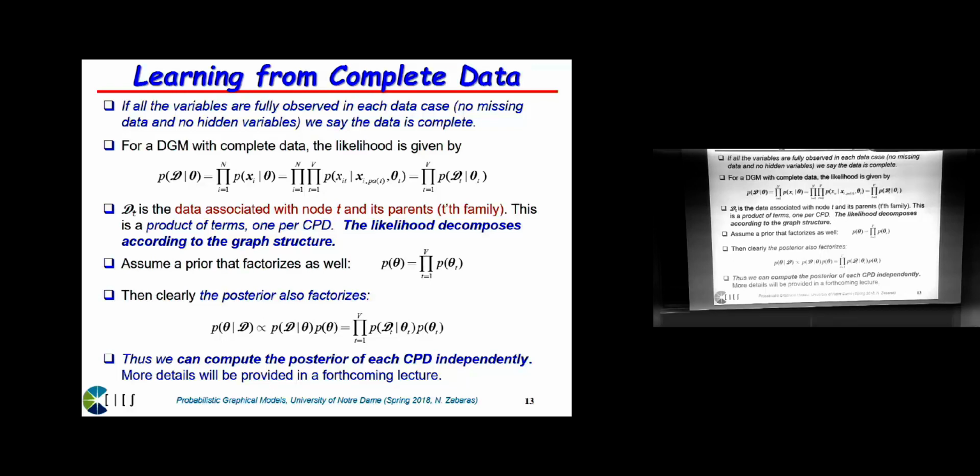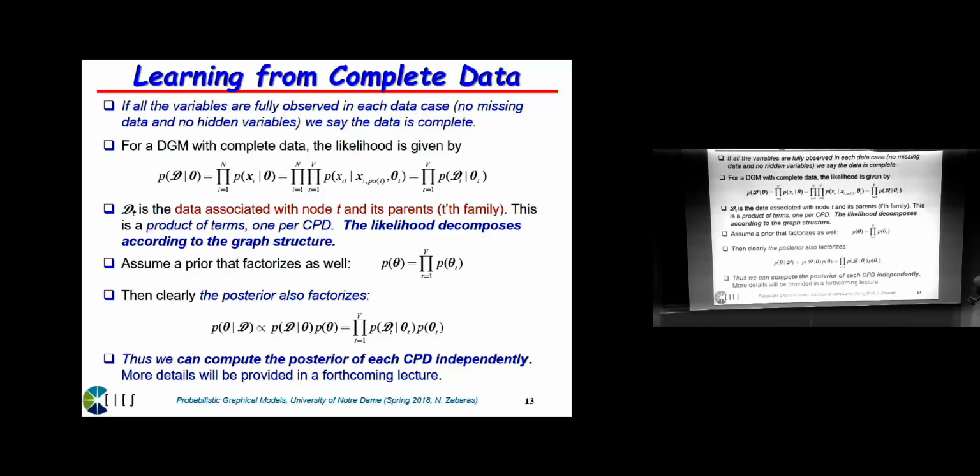Don't expect, by the way, this to be the case when you have incomplete data, but you notice from this equation that if you have complete data, you get a product of terms for each node. So the likelihood decomposes according to the graph structure. And if you want to go beyond likelihood and introduce a prior for the parameters, you can make a simple assumption that the prior of the parameters also factorizes over the nodes.